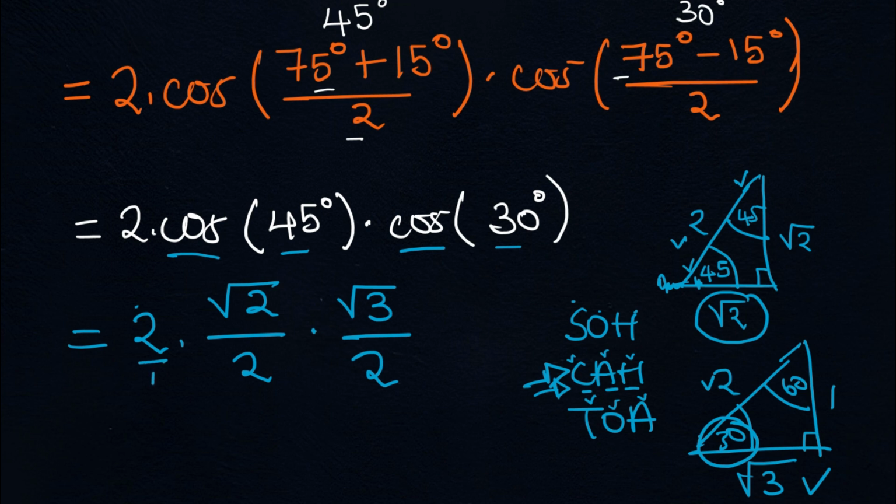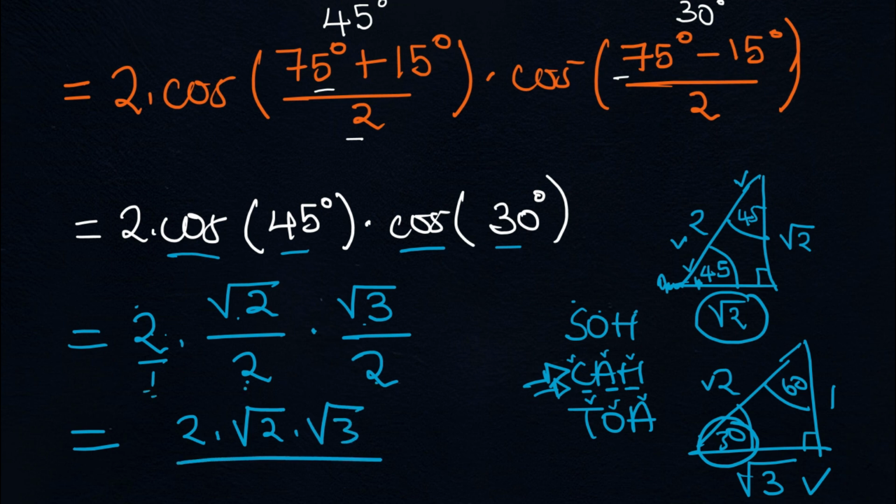And then we know that this is 2 over 1, so that it matches the fractions that we have in this expression. And therefore we're going to say 2 multiplied by the square root of 2 multiplied by the square root of 3 over 2 multiplied by 2.